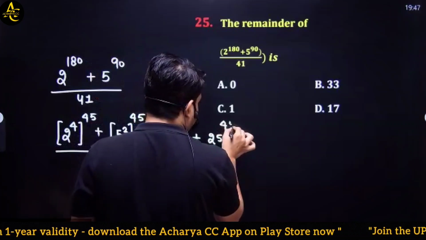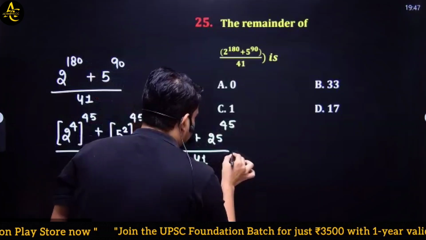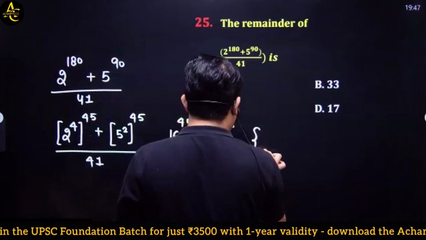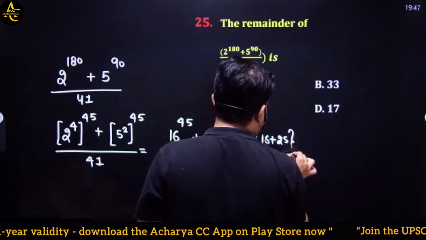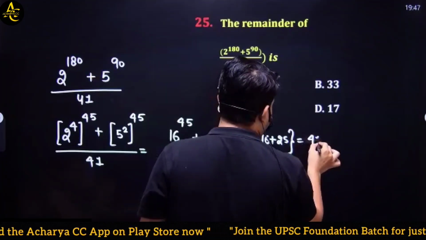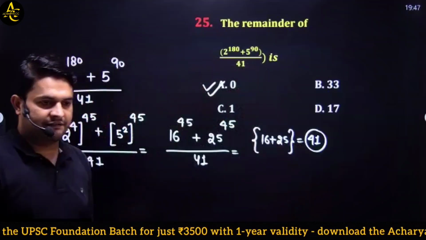See, the power is the same, there is a plus sign in between, and the power is odd. So one factor of the numerator will be 16 plus 25, which is 41, and it will completely eliminate the denominator. The remainder will be 0.